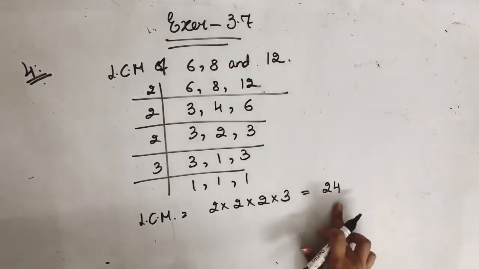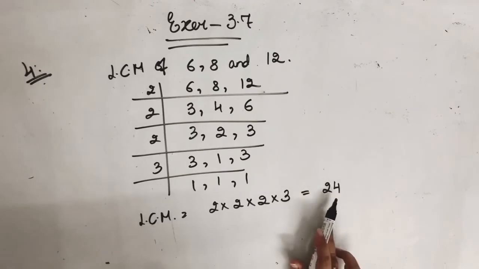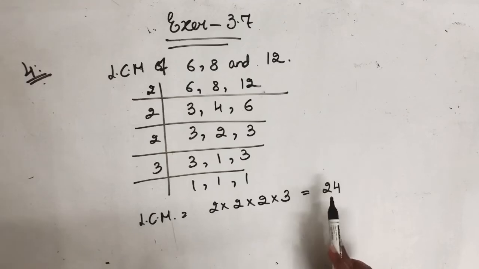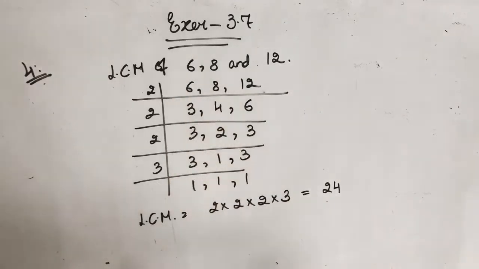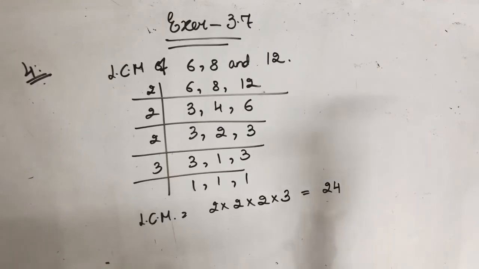So LCM is 24, but we need a multiple which is a 3-digit number, but it is a 2-digit number. So now if this is a multiple of these three numbers, then all the multiples of 24 will also be the multiples of 6, 8 and 12. So what we'll do is we'll find a multiple of 24 which is a 3-digit number.